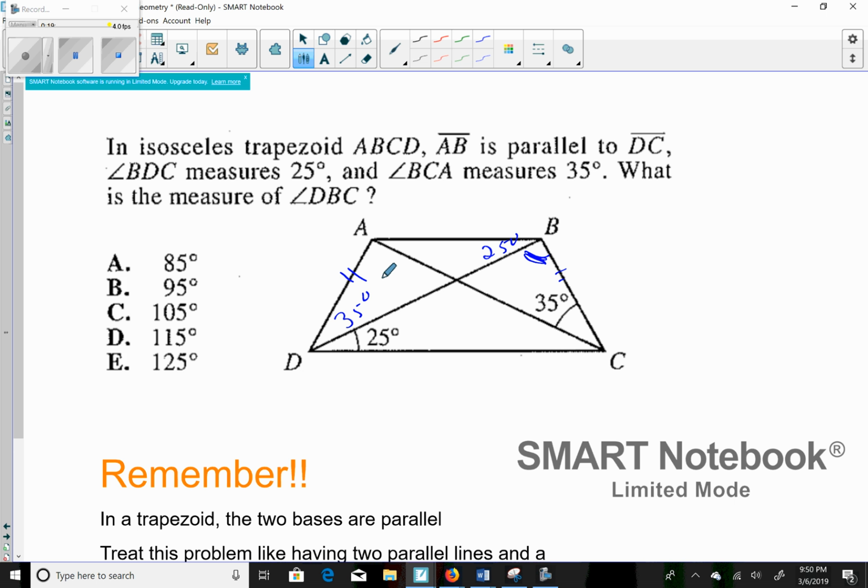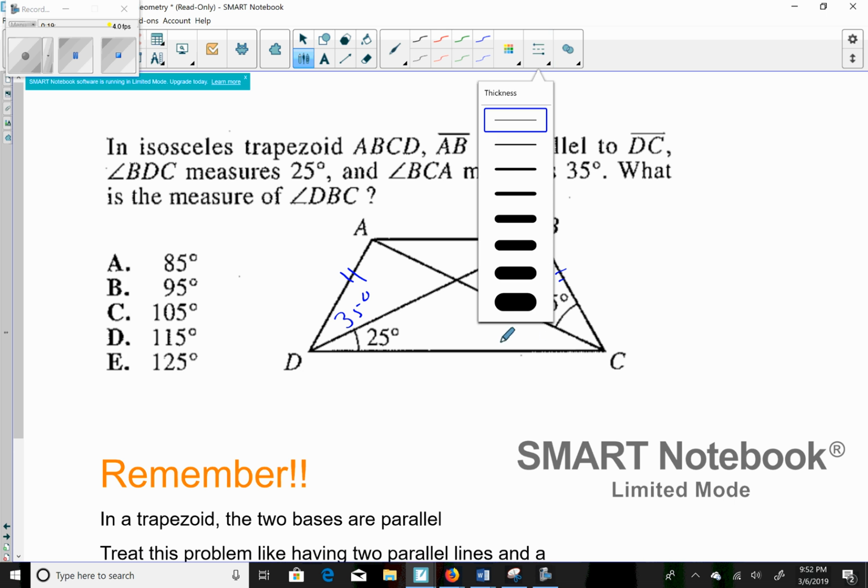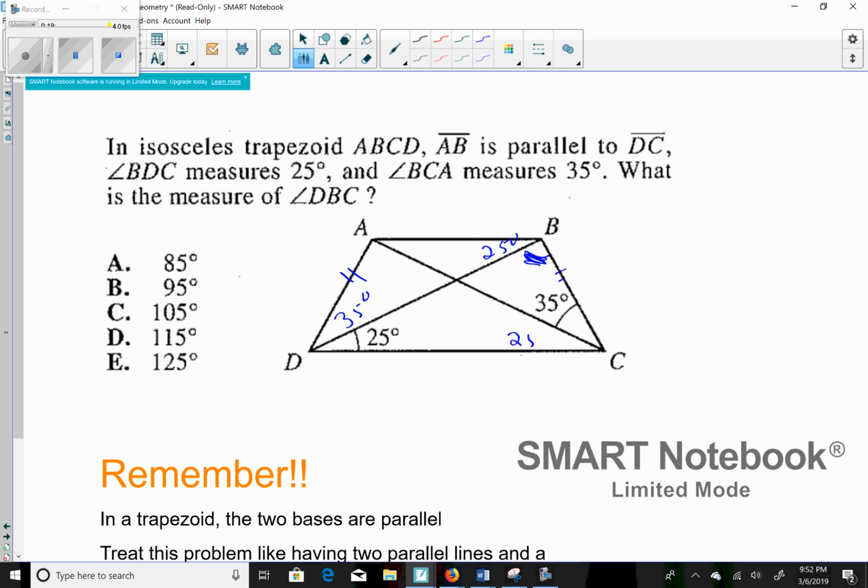I'm looking for this angle right here. The way I would do it is that this angle down here also has to be, because these two angles down here are congruent, 25 degrees.